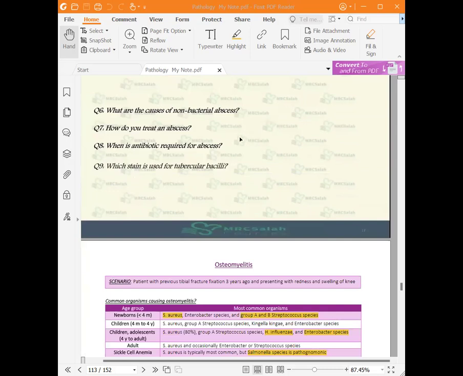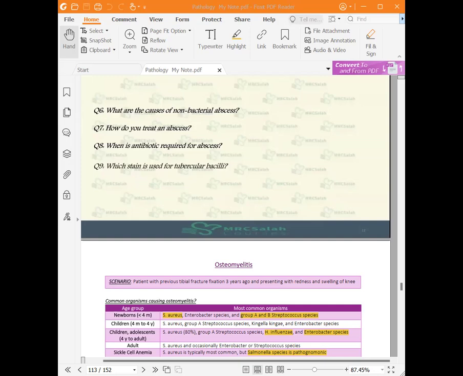How to treat an abscess? Incision and drainage, and early start antibiotics according to culture and sensitivity report, according to hospital policy and after consulting with microbiologist.